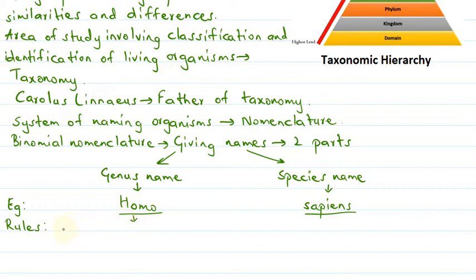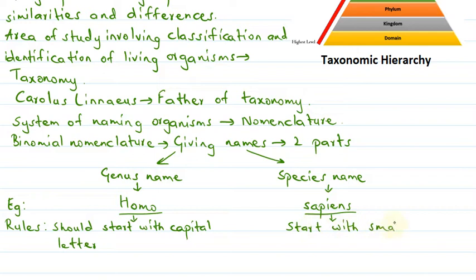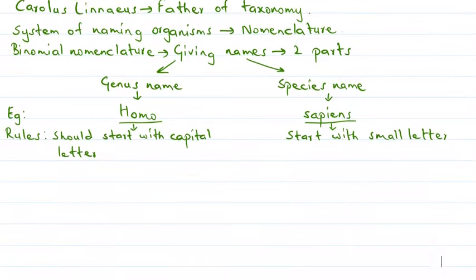So this is the genus name, and it should start with a capital letter. And this is the species name, and the species name will always start with a small letter. Okay, this is one of the rules.